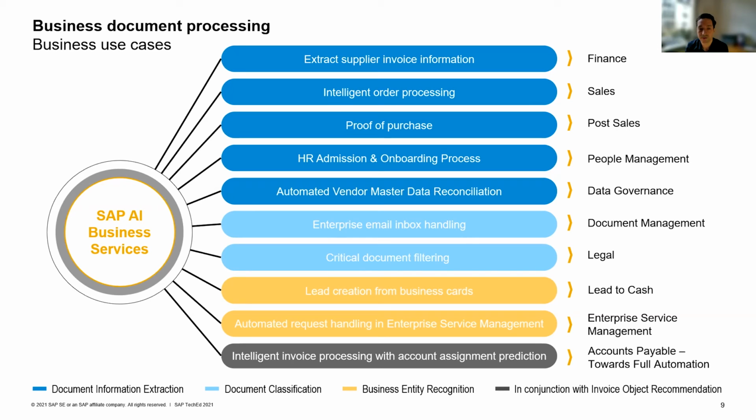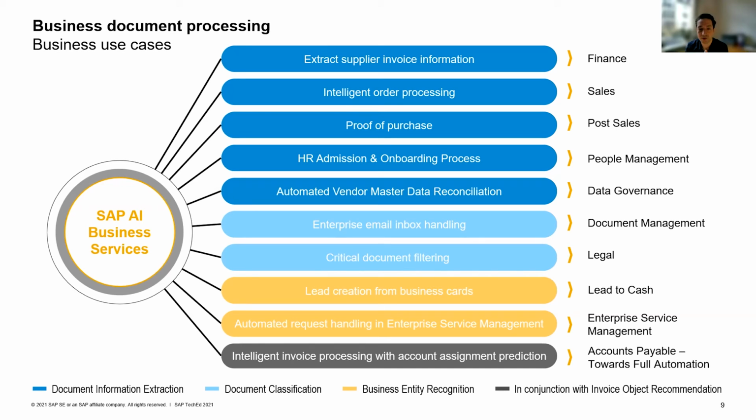However, you can also use it for sales, for example, for intelligent order processing. You could also use it in post-sales campaigns where you require a proof of purchase. So the customer needs to provide, for example, an invoice that the products have been purchased at this company in order to maybe gain some loyalty points or discounts.